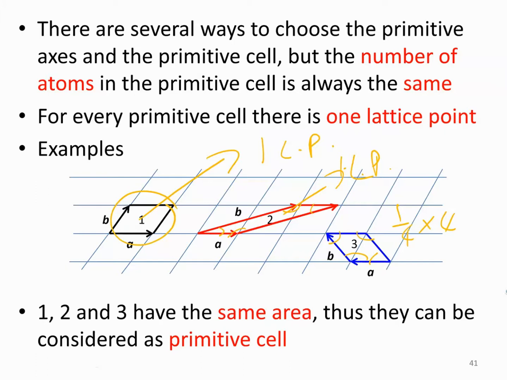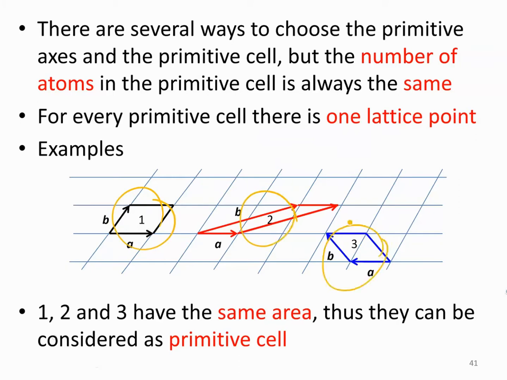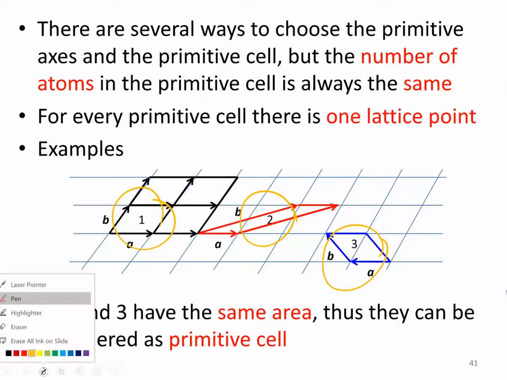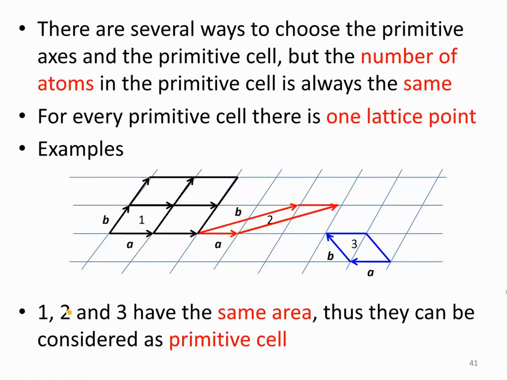So 1, 2, 3 have the same area, and therefore they can be considered as primitive cells. Okay, can I pick one as a primitive cell?